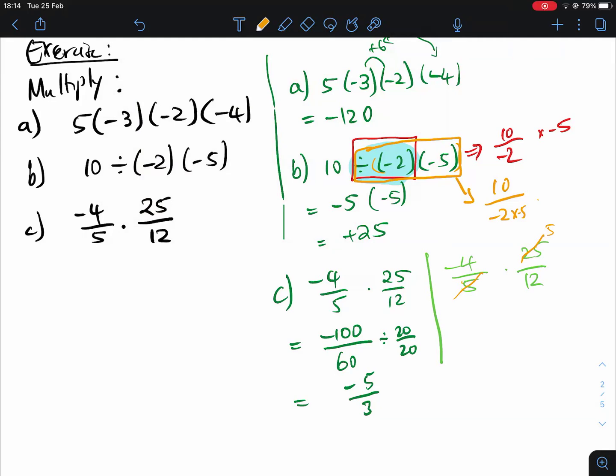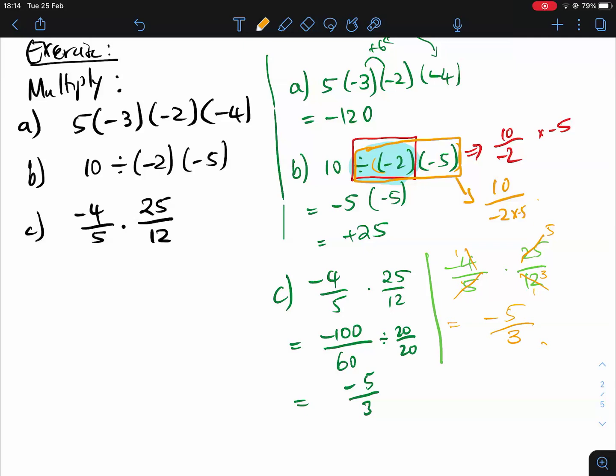Here, with 1, then we'll have 25. 4 and 12 are factors. 4 over 12, 4 gets in here 3 times. Then here I'm left with 1. Therefore, I've got minus 5 over 3, by just recognizing where the factors are and thinking through which ones can cancel each other.